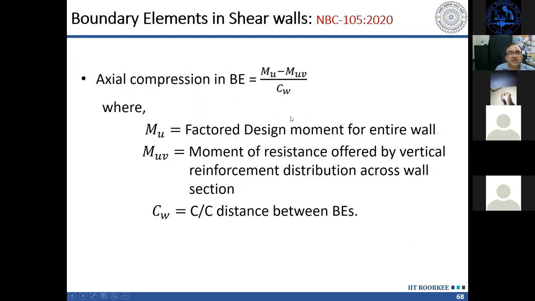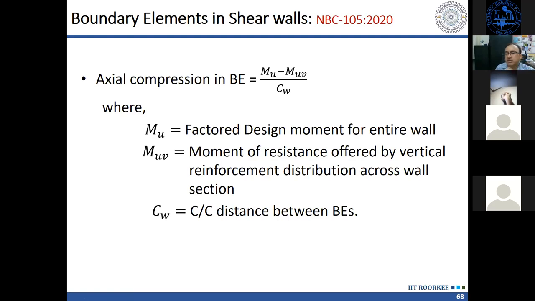Okay, then the axial force which can be computed for design of these boundary elements, NBC gives this formula. It is a simplified formula which was there in the earlier version of the IS code.